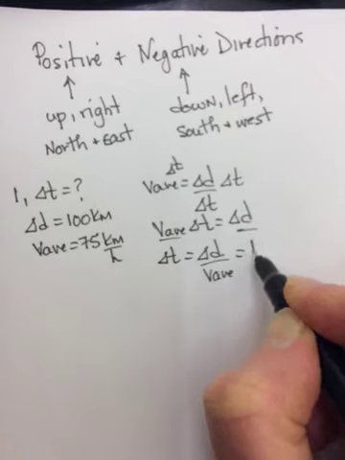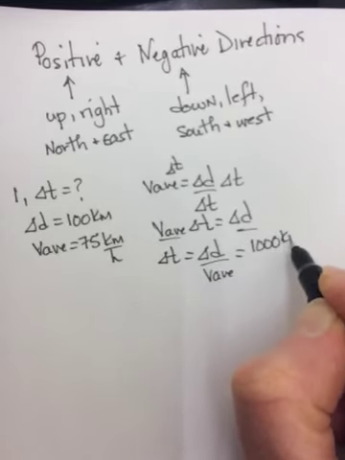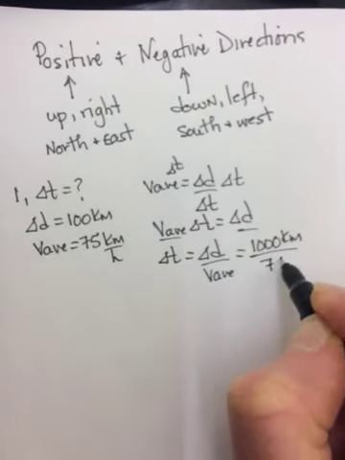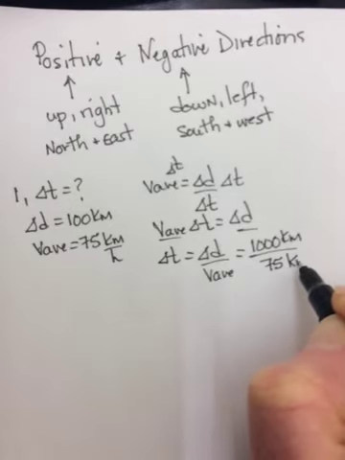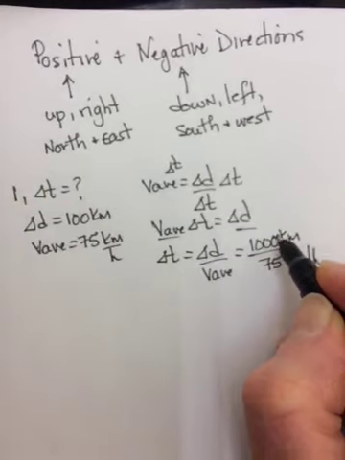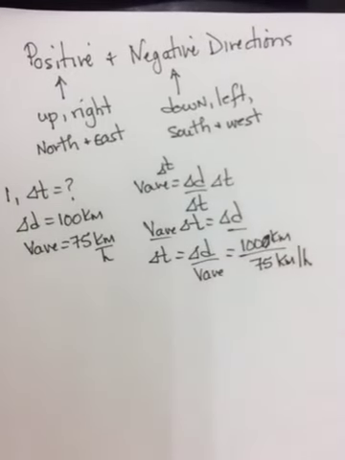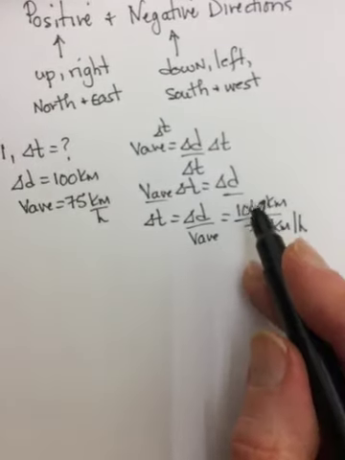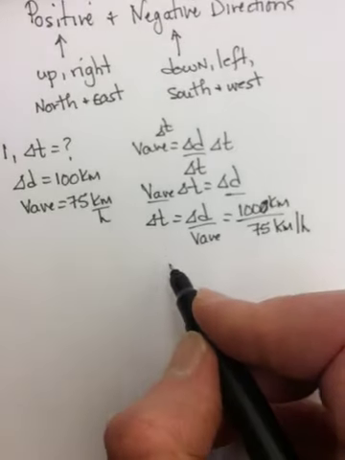And now fill your numbers in. 1,000 kilometers over 75 kilometers per hour. Is it really 1,000? No, it's 100, sorry. 100 kilometers over 75 kilometers per hour. Okay, that's like 4 over 3.